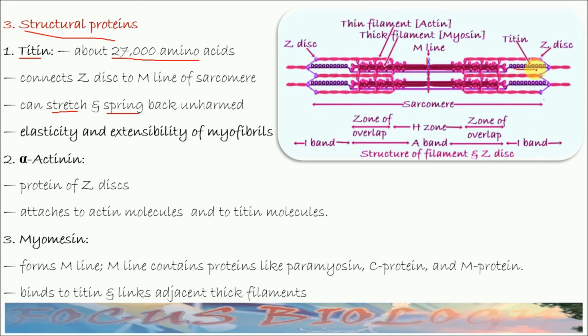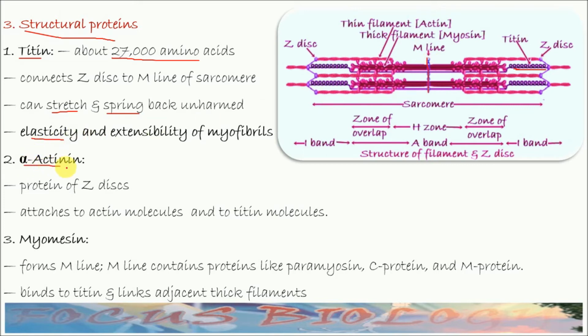It is also responsible for extensibility, since it is a spring, and if it is a spring, then it can be stretched, right, and it also gives elasticity. Here this one is another titin molecule from this G disc to M line.